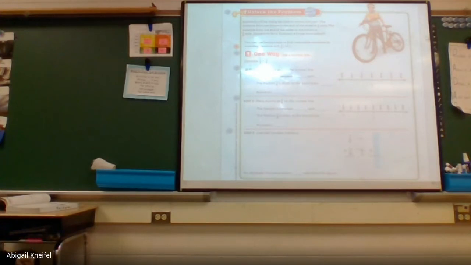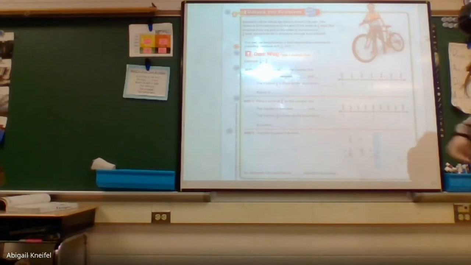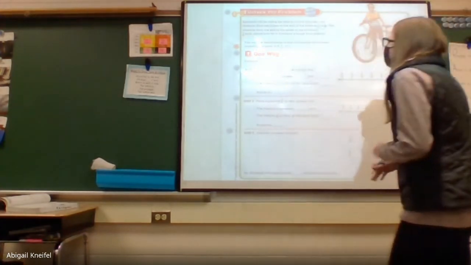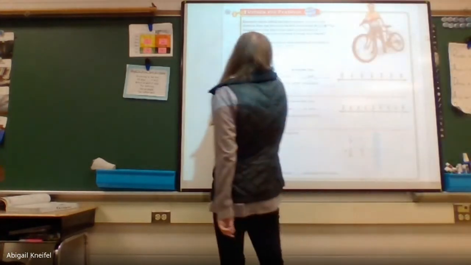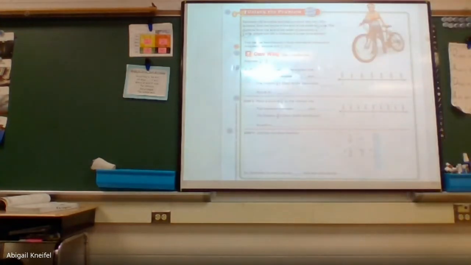So we're gonna unlock the problem together. Kimberly will be riding her bike to school this year. The distance from her house to the end of the street is 1/6 mile. The distance from the end of the street to the school is 3/8 mile. About how far is Kimberly's house from the school?